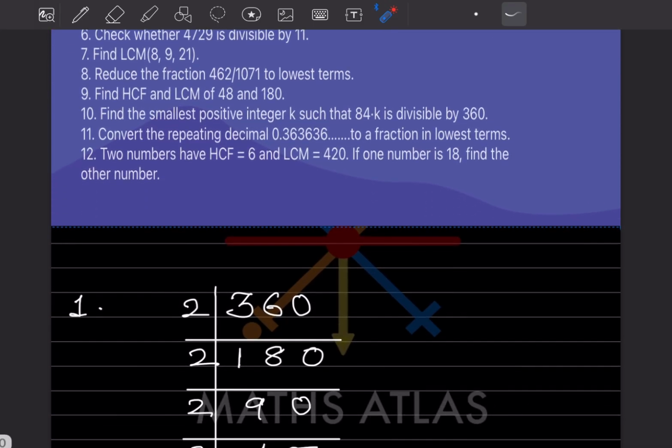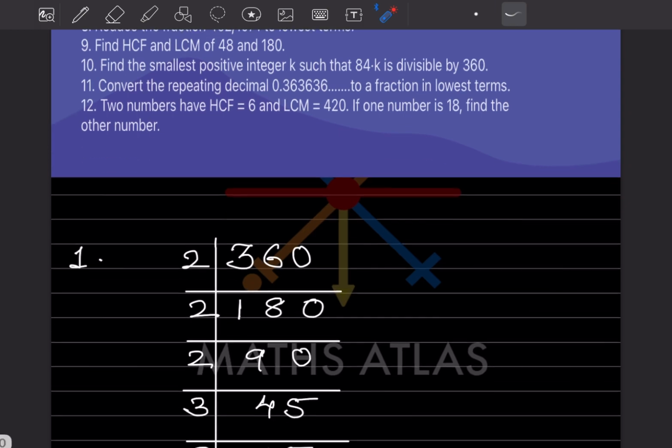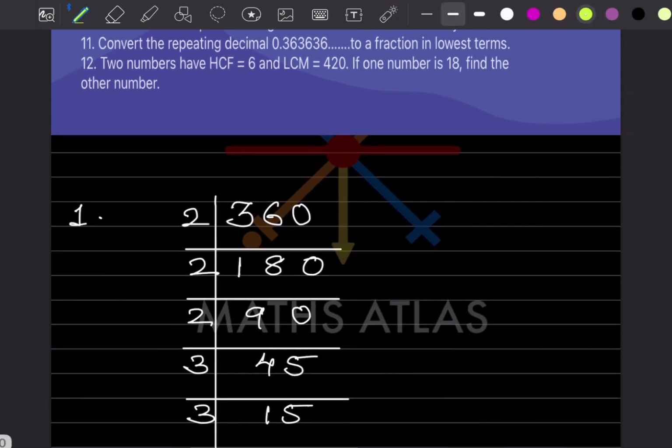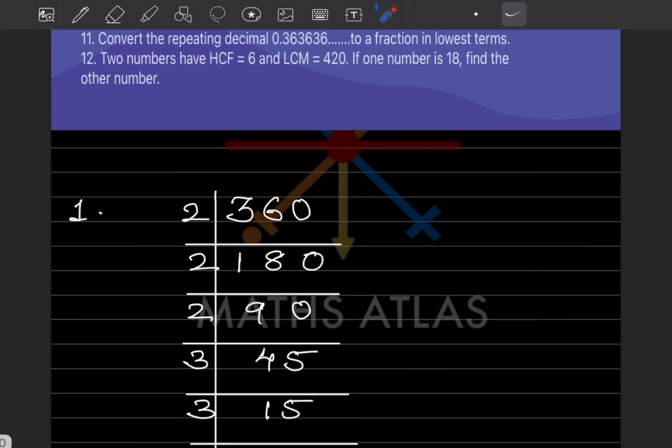So here, how to factorize 360? Whenever it is prime factorization, we always start with 2. 2 ones are 2, remaining is 1, 2 eights are 16, and here this is 0.